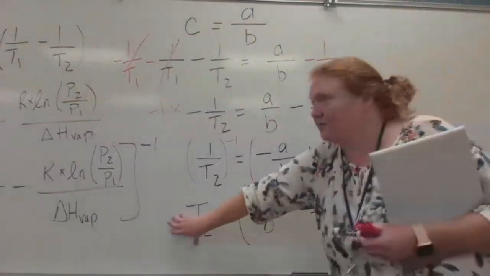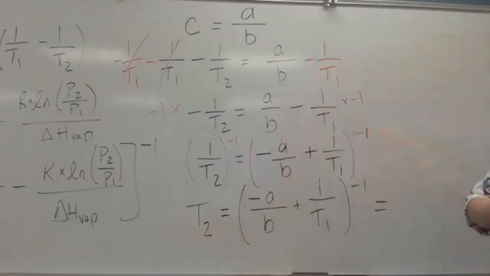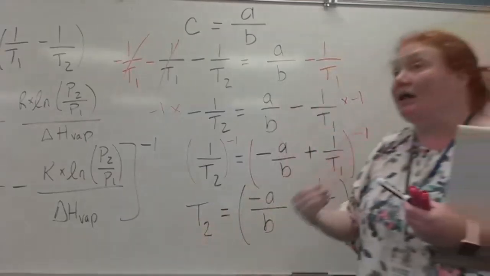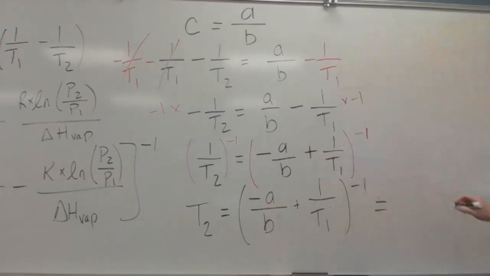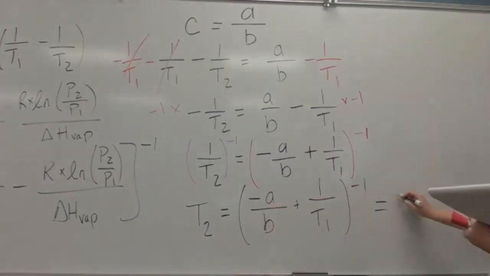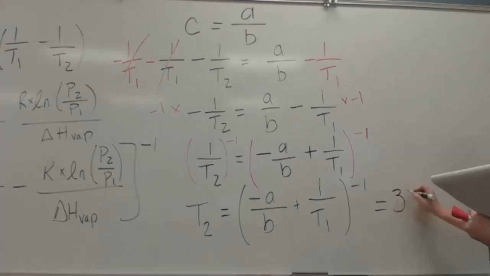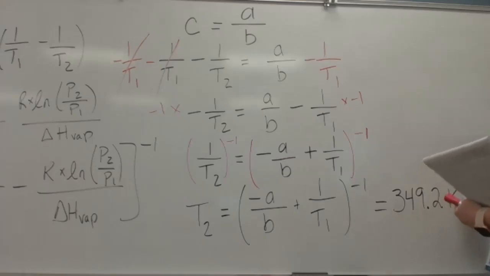Okay. What unit is my temperature going to be in? When I plug it all in and I do all the math, it's going to come out in Kelvin. When you do the math, you should get 349.2. If your answer is a little bit different because of rounding or something, that's fine.